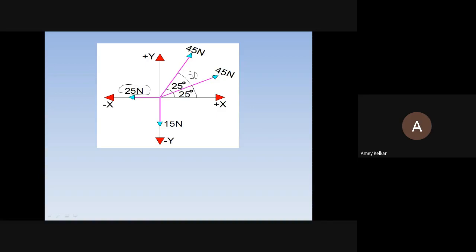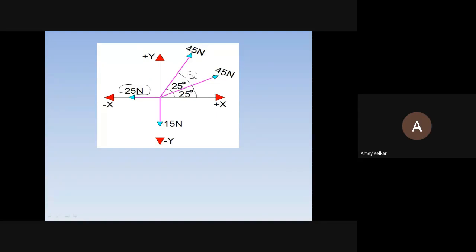If you are pushing a chair on the floor, the chair will move on the floor only. The chair will not get lifted up in the air, because you are just applying a horizontal force and the chair is moving along the floor. So it doesn't have any vertical component. So always remember, when a force acts along the axis, you do not take cos and sine.